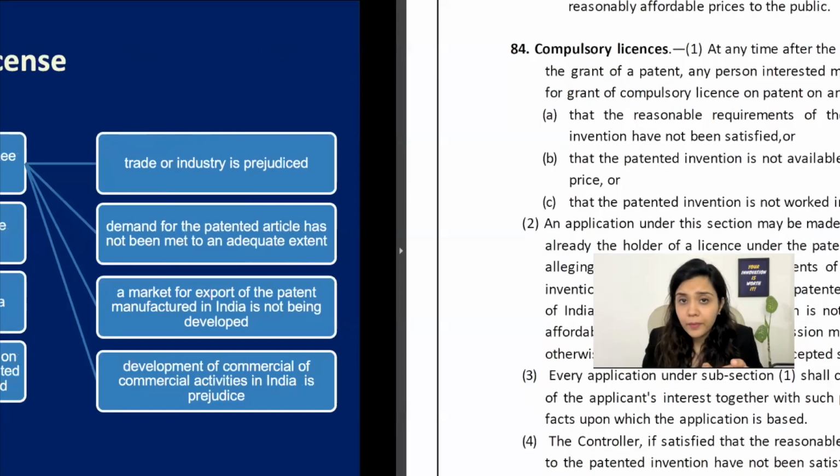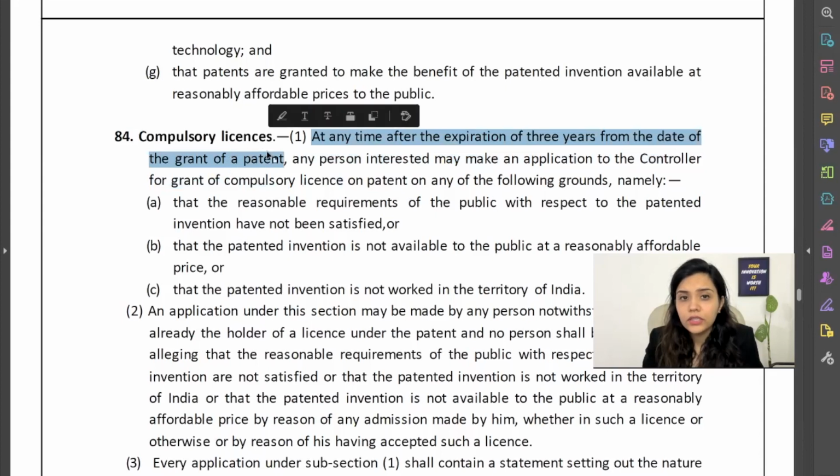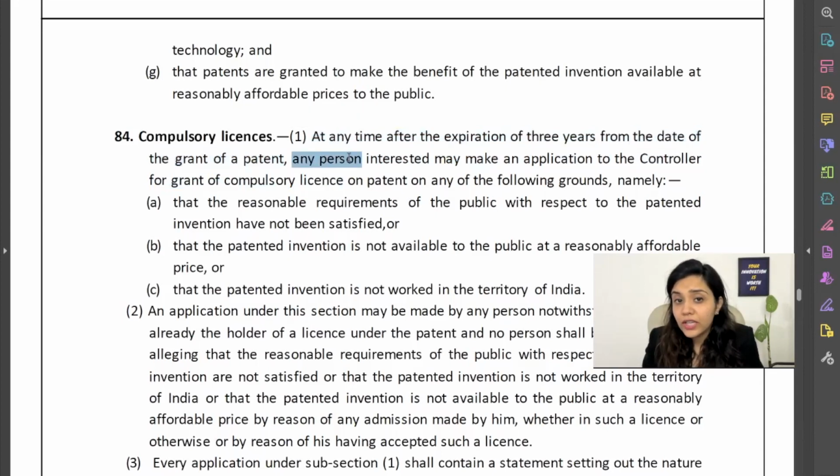But always remember that a compulsory license can only be applied for after the expiration of 3 years from the grant of the patent. So before 3 years, even if these grounds are applicable, we cannot get one. We can get it only after 3 years. Mostly, if it is a post-grant process, the term 'any person interested' is used.